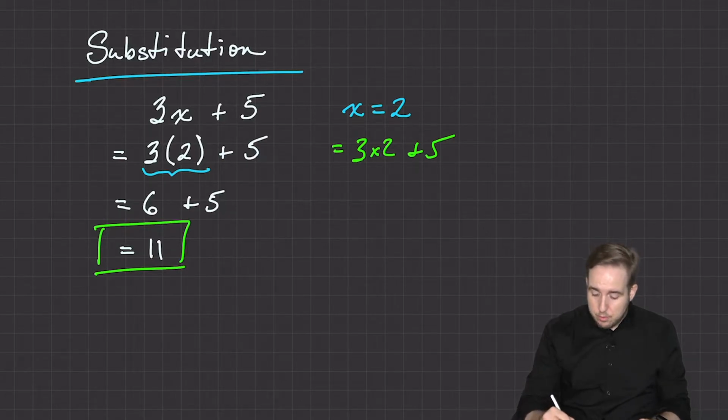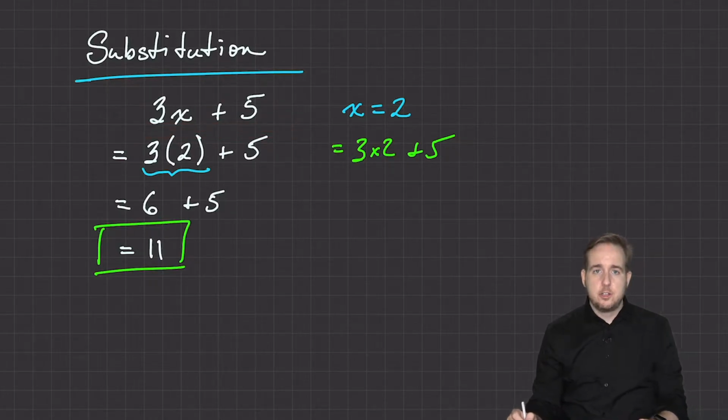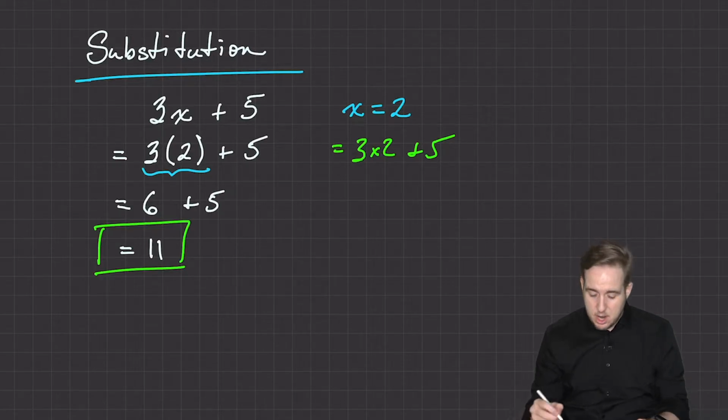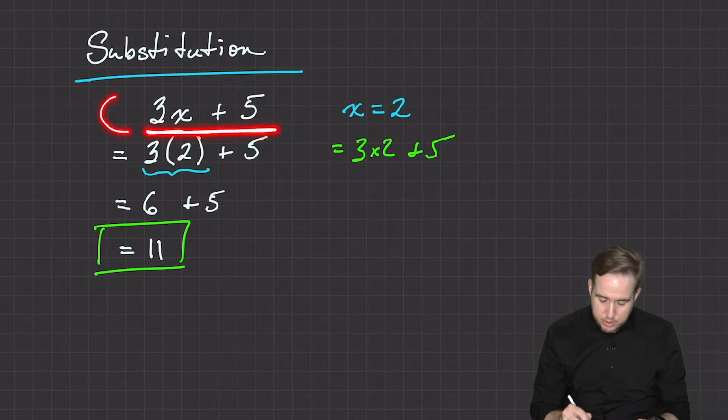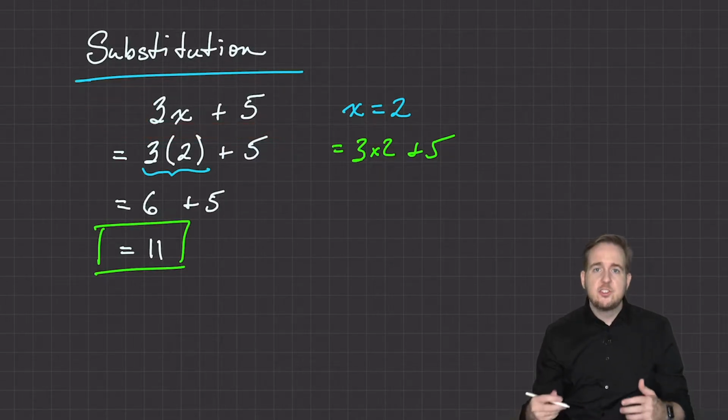A few small things. Notice when I wrote this down at the beginning, I called this an expression. So there's a difference between an expression and an equation. And if you think about it, equation is based on the word equals. An equation has to have an equals sign in it. So this thing by itself, where there is no equals sign, is just a set of instructions for things to do with numbers.